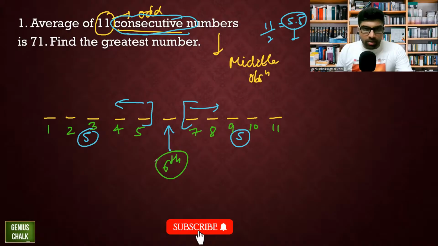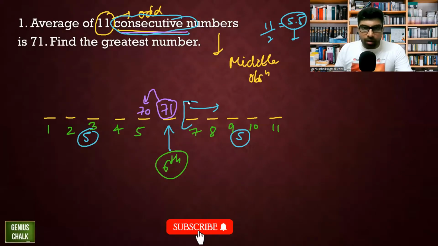What is my 6th observation? It is 71, right? Now if this is 71, that means this must be my average. Now you tell me, if the 6th observation is the average and it is the value 71 and all the numbers are consecutive, what should be the number which is coming before 71? You can say it is 70 because all numbers are consecutive.